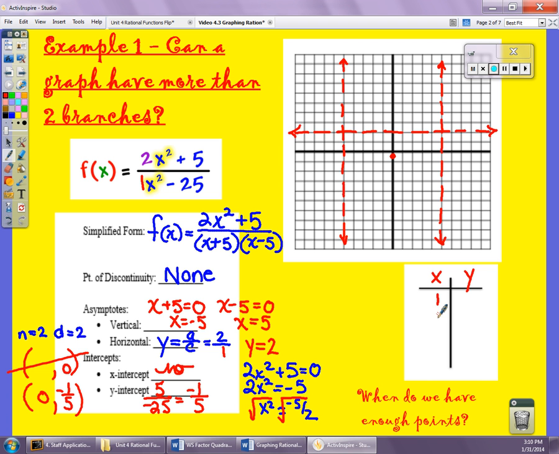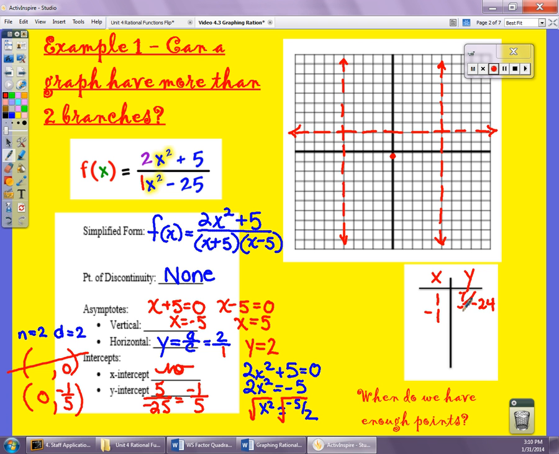Let's use 1 and negative 1 and see what happens. Plugging 1 into our function, 1 squared is 1, times 2 is 2, plus 5 gives us 7 in the numerator, and then 1 squared minus 25 is negative 24 in the denominator. Notice that we'll get the exact same thing if we plug in negative 1, since that negative 1 is going to get squared.